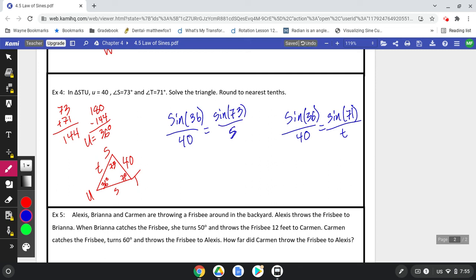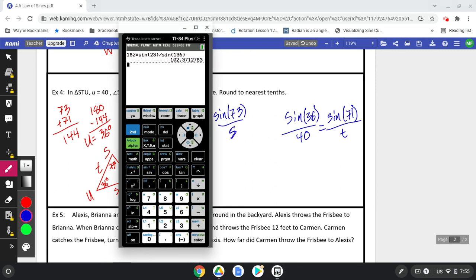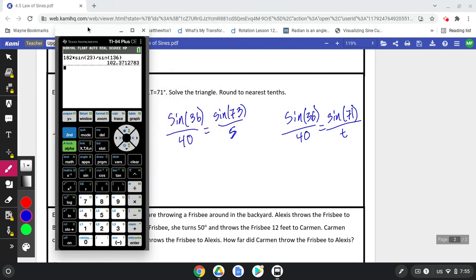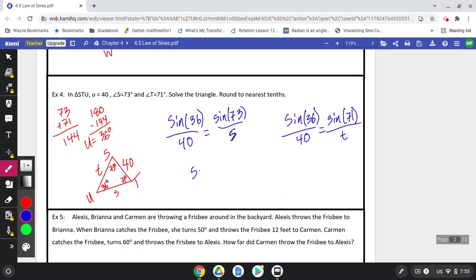It's kind of hard to see. Okay, we cross multiply. So we'll start with s. Let me move this so we can see it. We said it's going to be 40 times the sine of 73, close it, divided by the sine of 36, close it, hit enter, and we will get 65.1, and that's what our little s is.